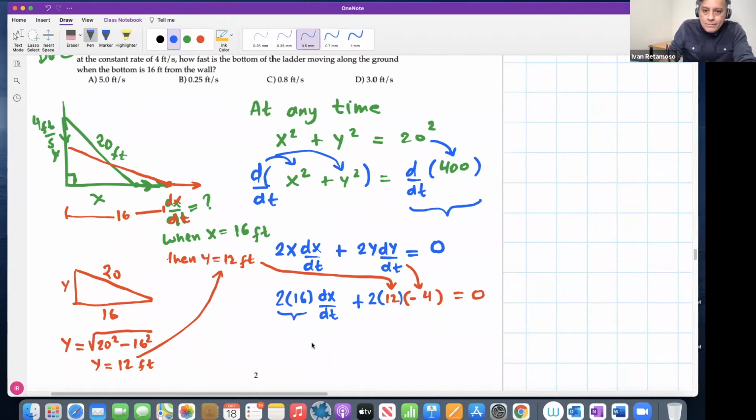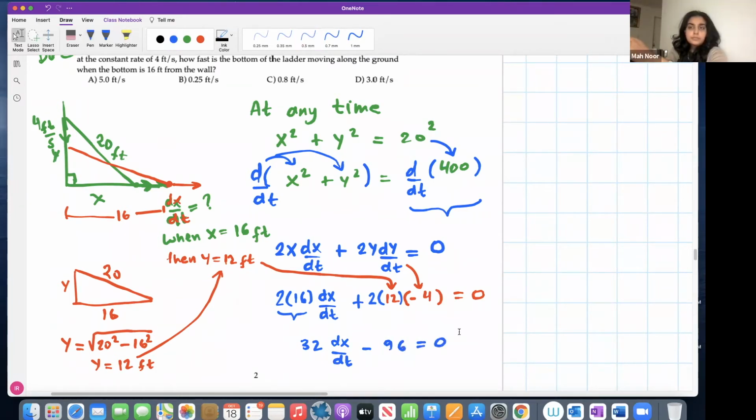All right, then next is just algebra. This is 32 dx/dt minus 2 times 12 times 4, which is 96, equals 0.